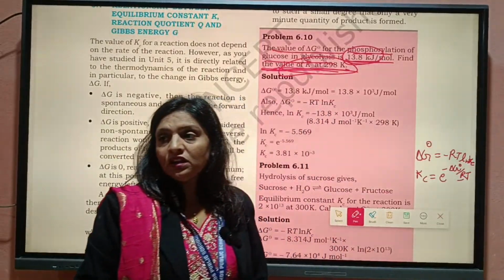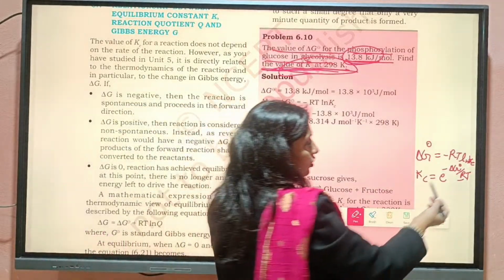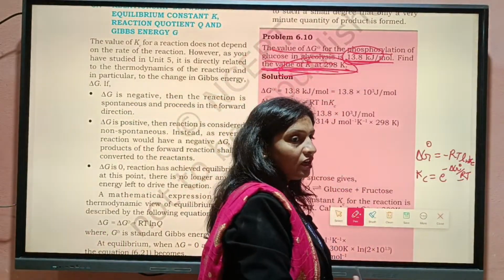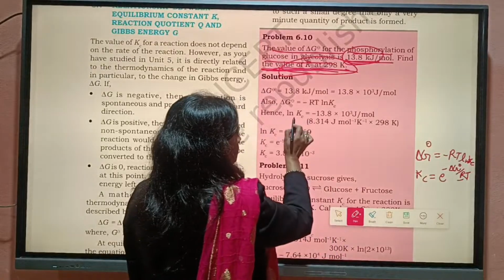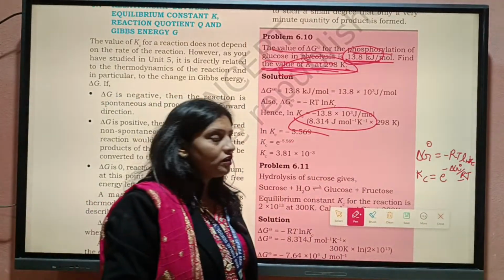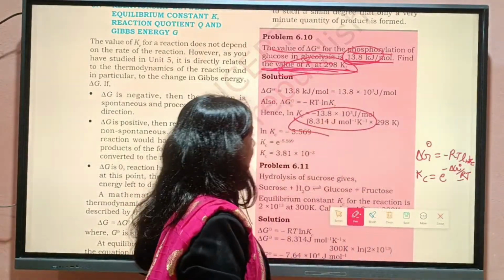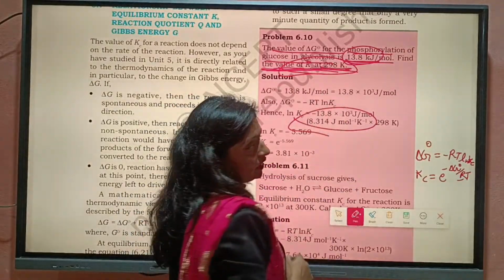What type of constant? It is the gas constant. Its value is 8.314 joule per mole per Kelvin. Temperature is given as 298 Kelvin.